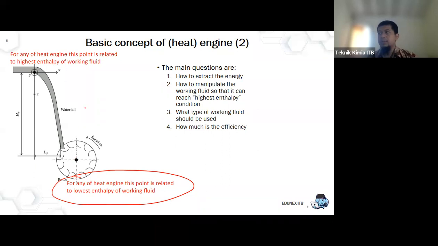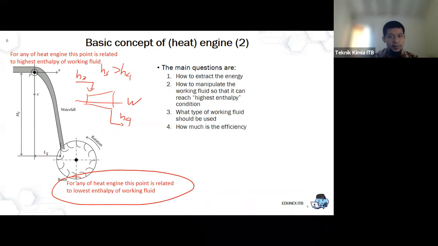When you still remember the steam turbine, we have here H3, here H4. In this place, H3 is always bigger than H4. Then we extract work from here. Any engine, any machinery, it's always like that. We extract the energy from the delta enthalpy.